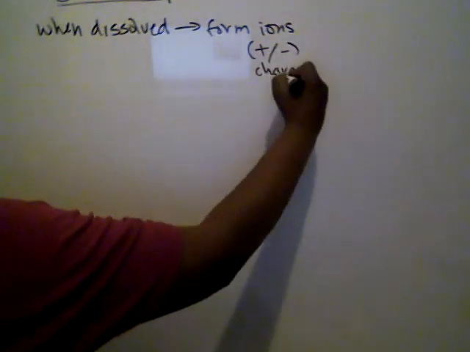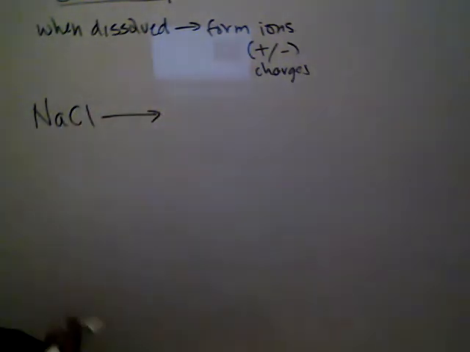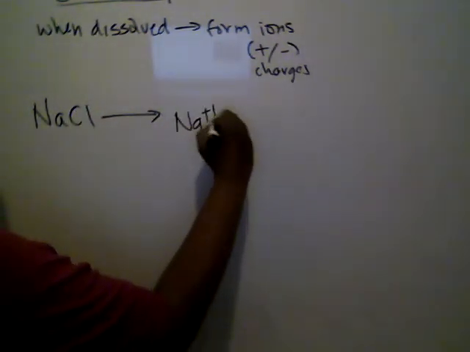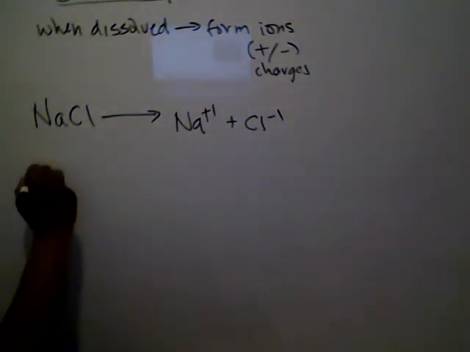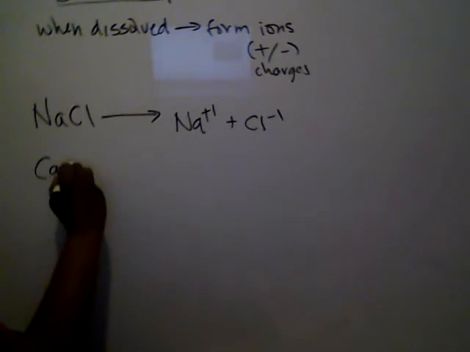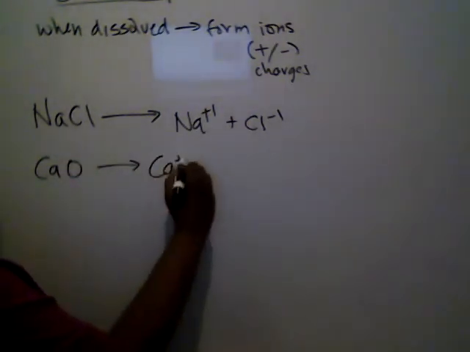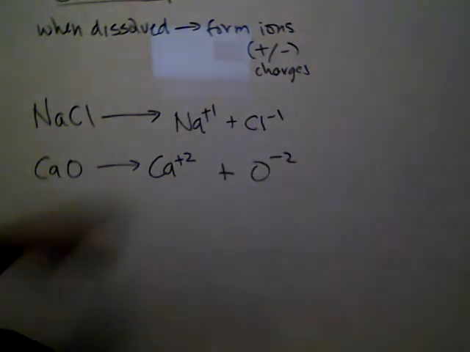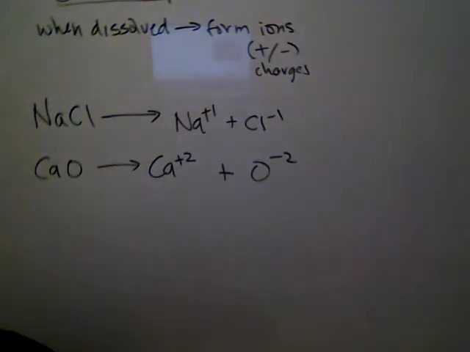So if we take an example, if we have NaCl, when we dissolve it in water, it's literally going to break the Na and the Cl apart. So we'll have sodium with the +1 charge kind of swimming around, and we'll have chlorine with the -1. Same thing is true if we were to have, let's say, calcium and oxygen, and that be dissolved in water. If we dissolve calcium oxide in water, we'll have calcium and oxygen kind of floating around. We'll have plus and minus charges. These guys can conduct electricity.